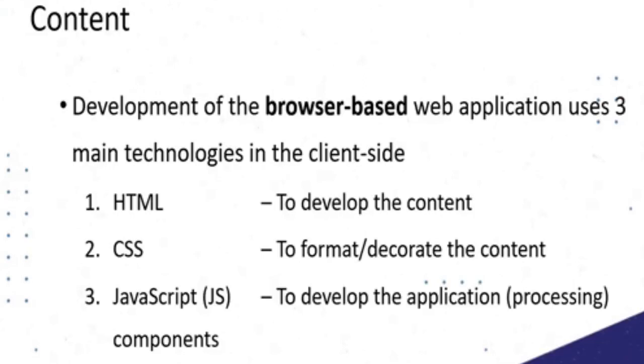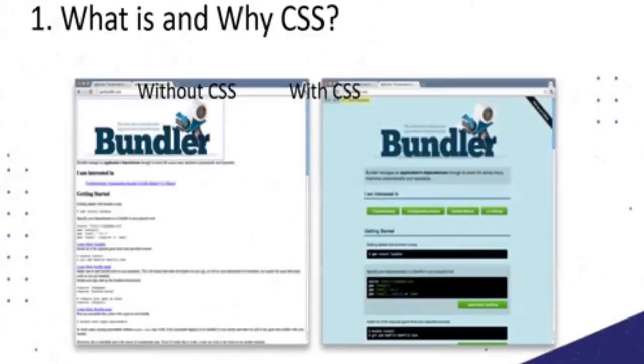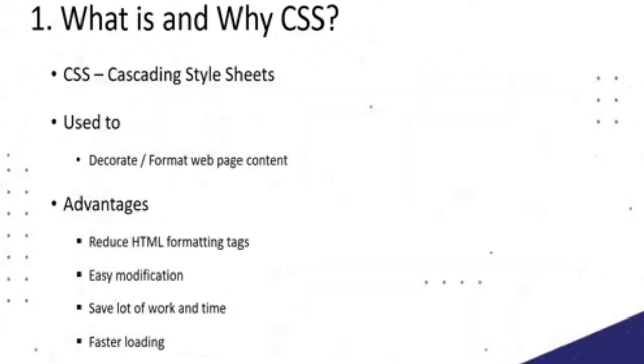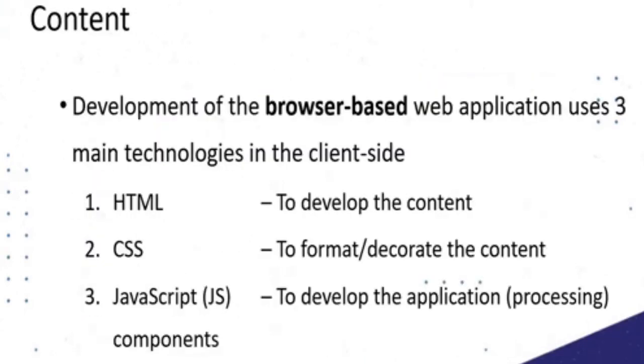Now we have all the contents like this, right? But if we just have a set of content in a page, will it look good? If we have just paragraphs, images and everything, but we are just placing them one after another, do you think the user will interact with that? It's not.